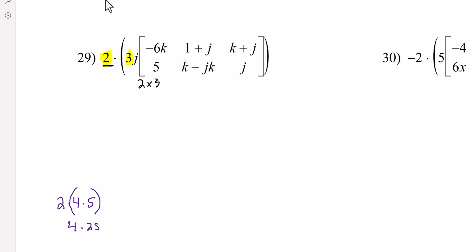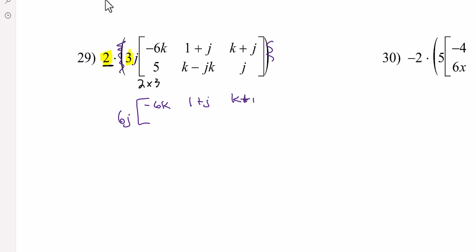If everything's being multiplied, the parentheses can kind of just go away. 2 times 3j is 6j. And then we're going to apply the distributive, it is the distributive. k plus j, and then down here, 5, and then k minus jk.